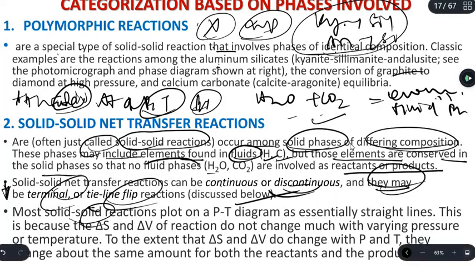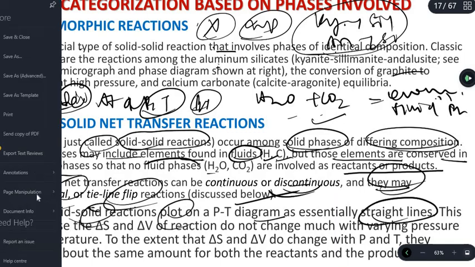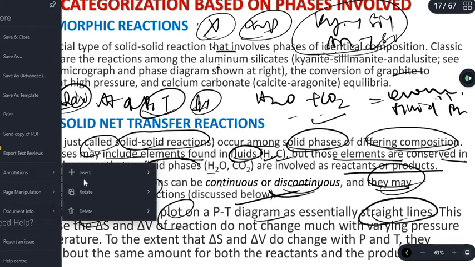So most of the solid-solid reactions plotted on the PT diagram are essentially straight lines. Why is it a straight line along the solid-solid net transfer? बताओ. Because there is no involvement of the fluid. Simple. Am I right or wrong?